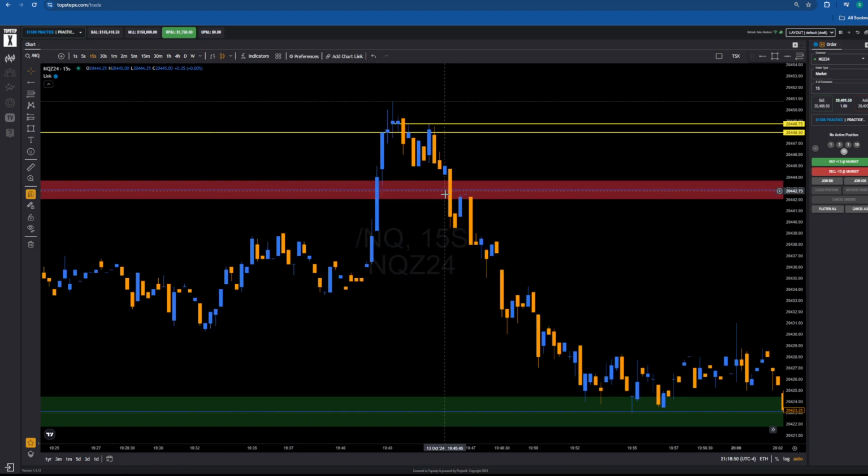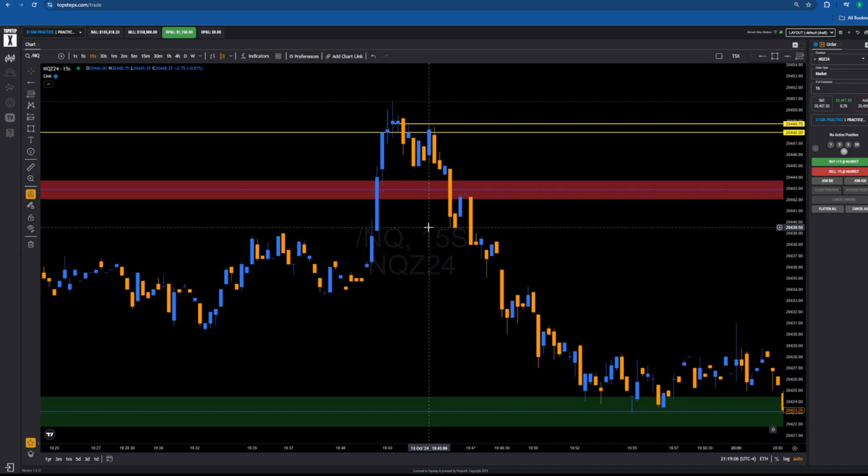As soon as this formed and this candle was forming, I placed my limit order for about 3 NQ contracts.